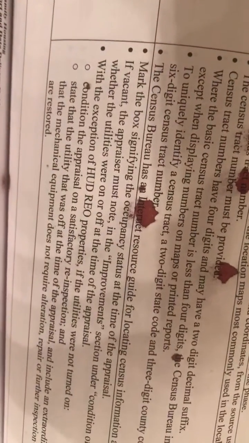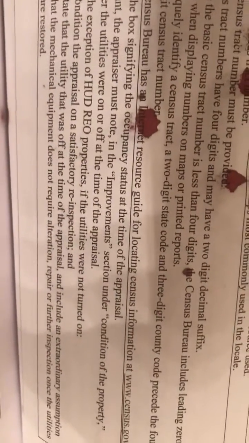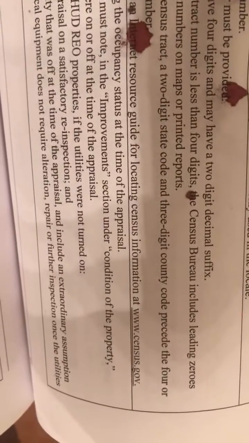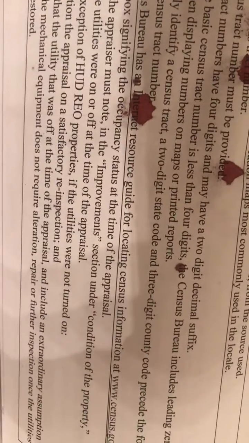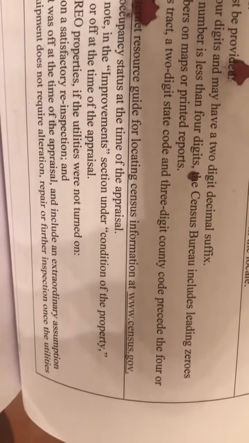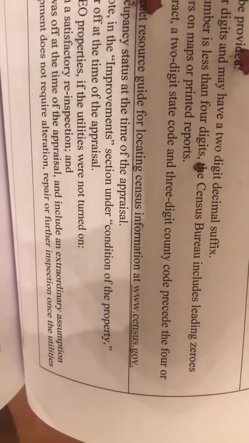To uniquely identify a census tract, a 2-digit state code and a 3-digit county code precede the 4 or 6-digit census tract number. The Census Bureau has an internet resource guide for locating census information at www.census.gov.